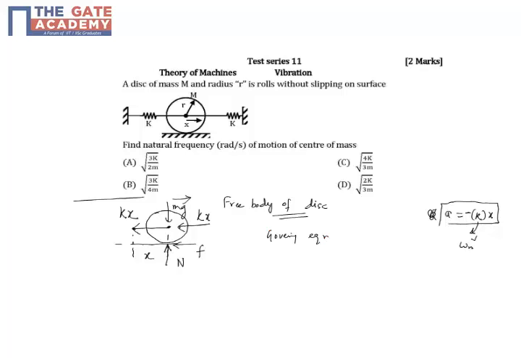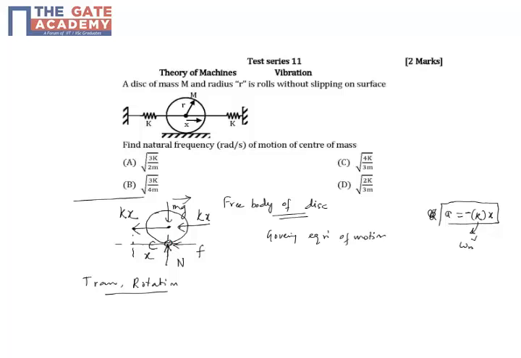For the governing equation of motion, because there is translational motion involved and rotational motion involved, though they are related because it is given that it rolls without slipping, we'll use that fact. We'll do it in a very systematic way, and in a very short way also.